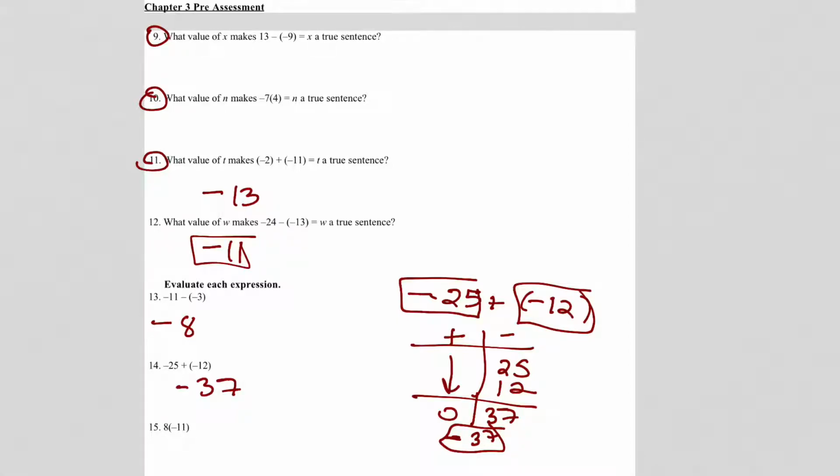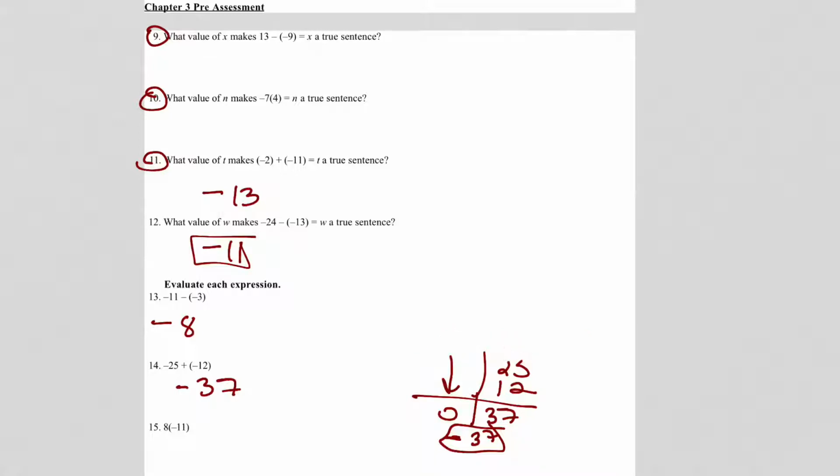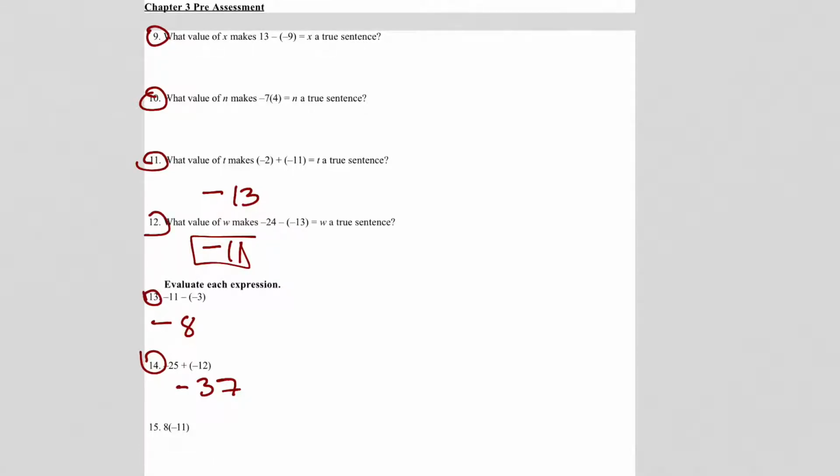All right, hopefully you can tell what operation this next one is. It says 8 parentheses negative 11. Remember, if there's nothing here, you can put a times so that you remember that that's multiplication. So 8 times 11 is 88.